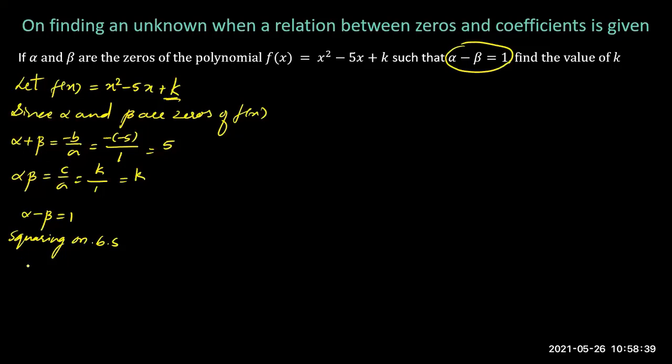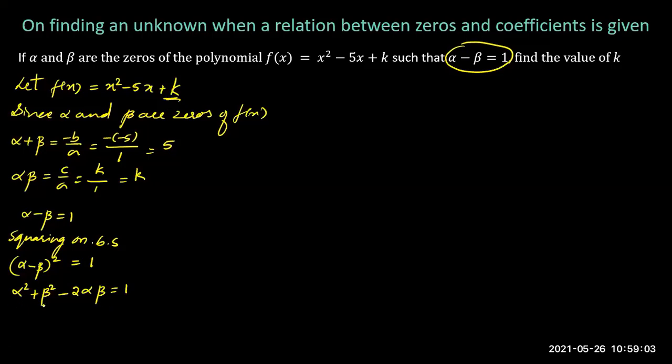Then alpha minus beta whole square is equal to 1. In the sense, can you write it as alpha square plus beta square minus 2 alpha beta is equal to 1? A minus b whole square.